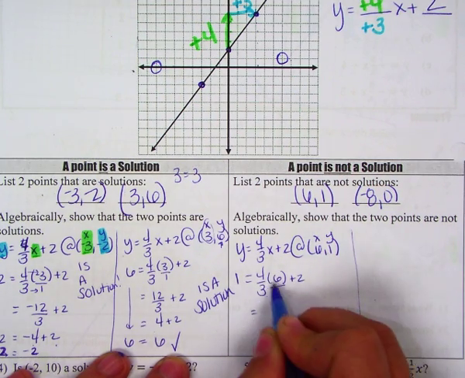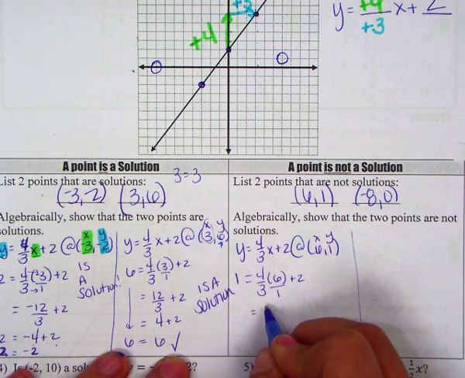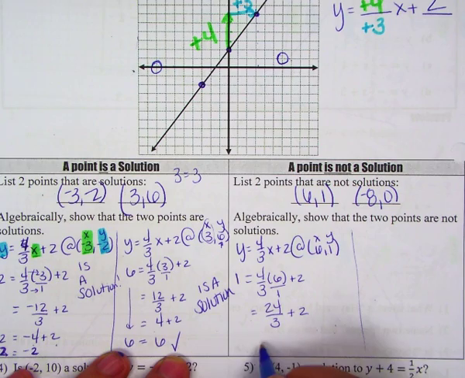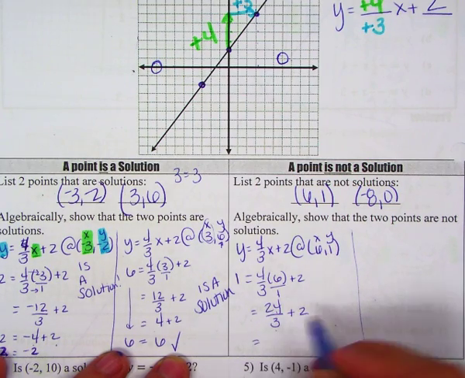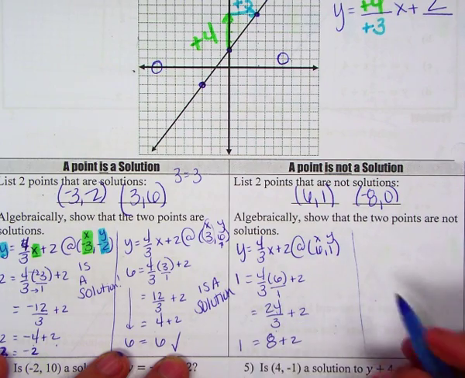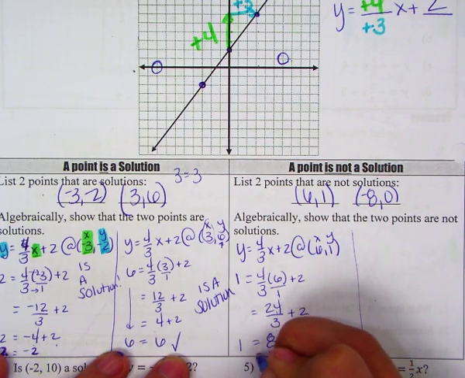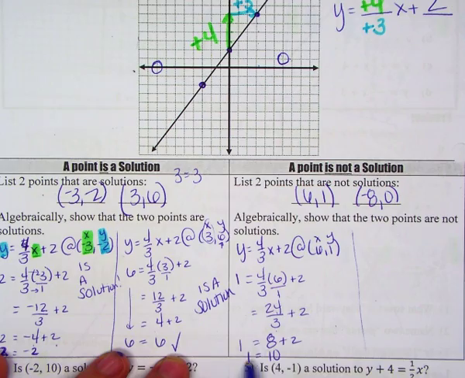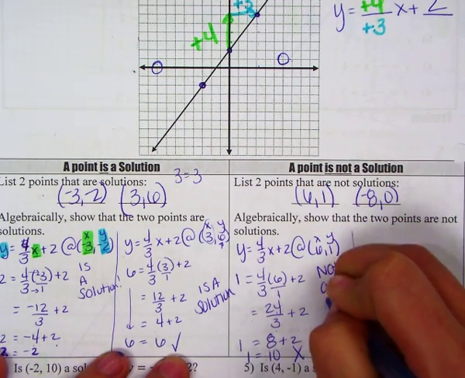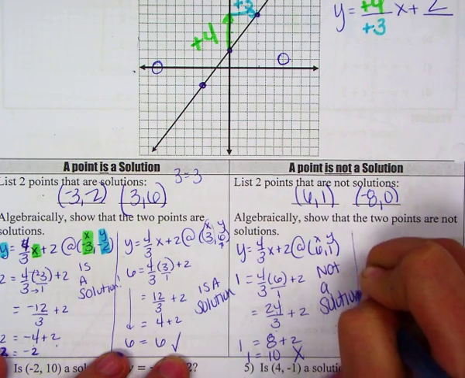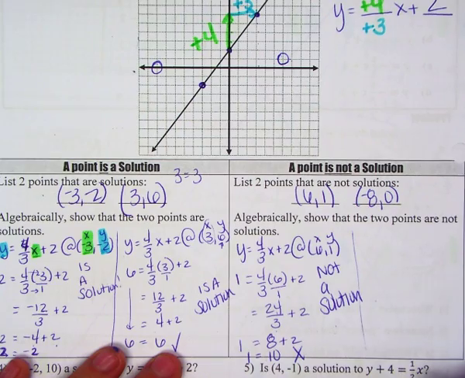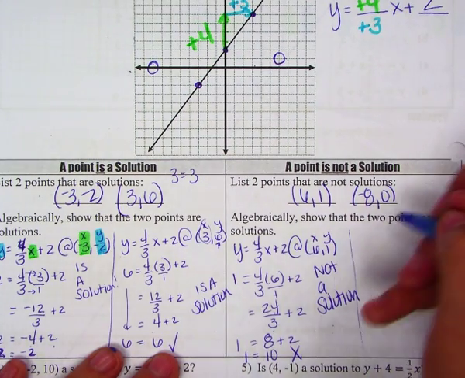Put 6 over 1. 4 times 6 is 24. 3 times 1 is 3. 24 divided by 3 is 8. 8 plus 2 is 10. Does 1 equal 10? Heck no. Not a solution. That's why it's not a solution, because when you substitute it in, it's not a true equation. You get 1 equals 10. Doesn't make sense. Try the same thing for -8.